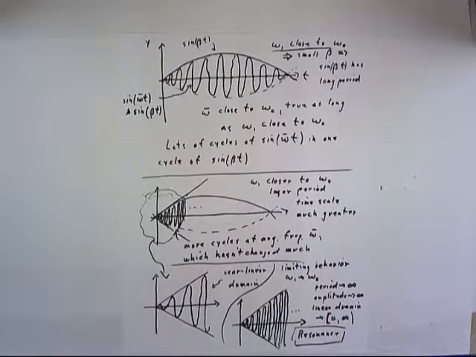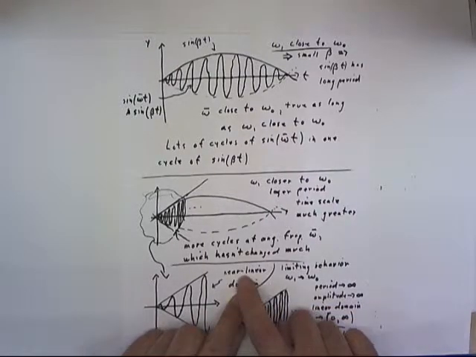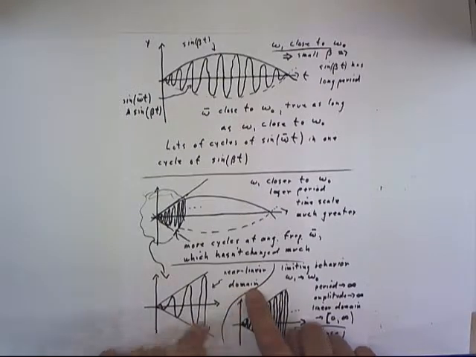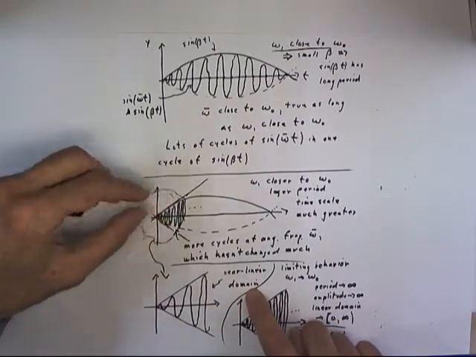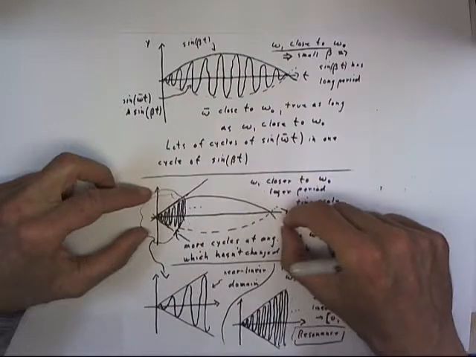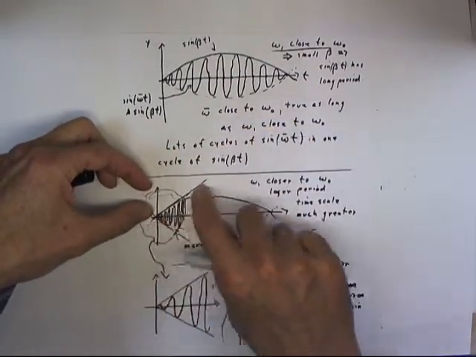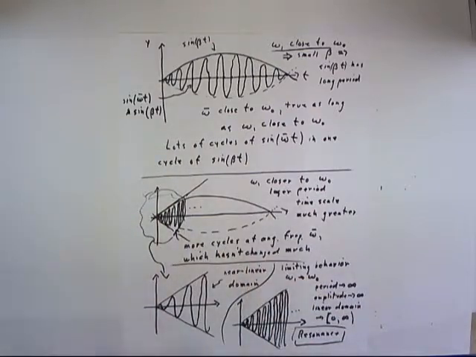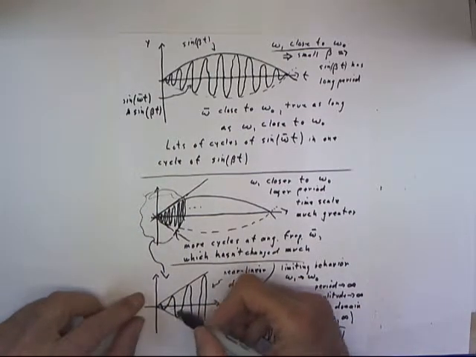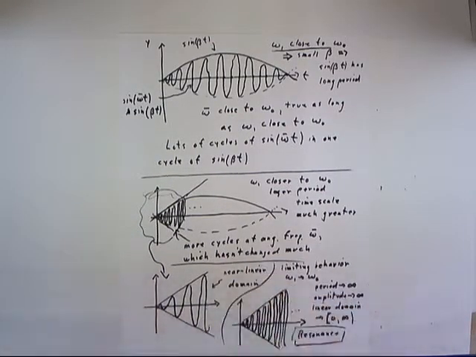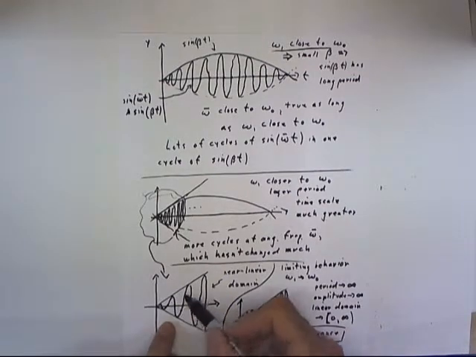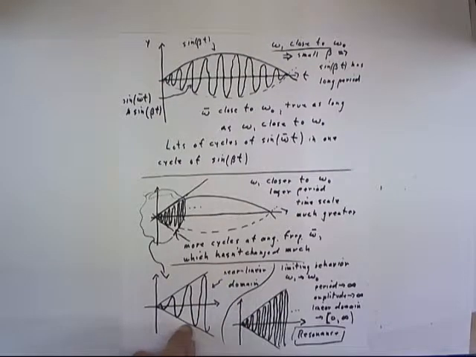And within that domain, you have what I'll call a near linear domain. A segment of this hump here, which doesn't vary much from the linear function. And in that near linear domain, you have a nearly linear increase in the amplitude of the actual oscillation, which occurs at frequency, angular frequency, omega bar.